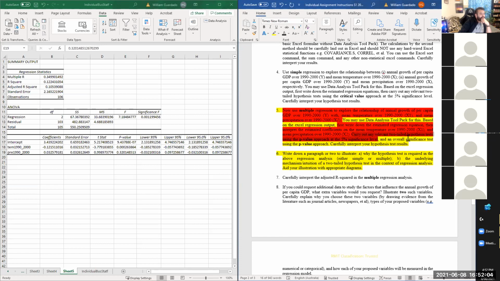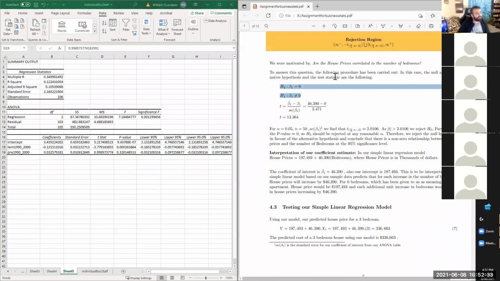Yeah. So for this one, it says carry out two-tailed hypothesis tests. So you're going to have to do this twice. Carry out the relevant, so it's the same thing. So this one you're going to reject, and this one you're not. And when you do your calculations, I'm going to go back to this.